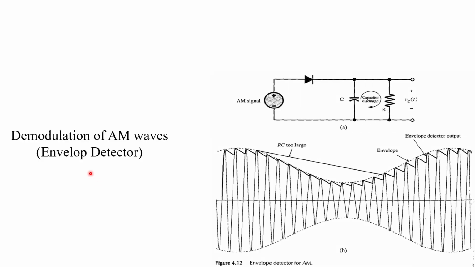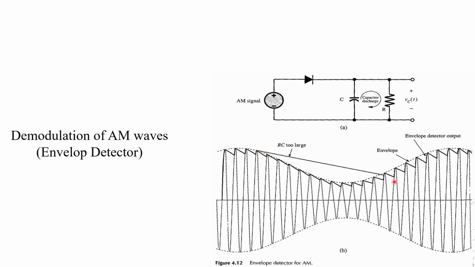So how exactly can we achieve this demodulated signal? One of the techniques is the envelope detector, right? Here is a circuit: the AM modulated signal passes through this RC circuit, and we collect the output across the load. Depending on the values of RC, it will charge and discharge.